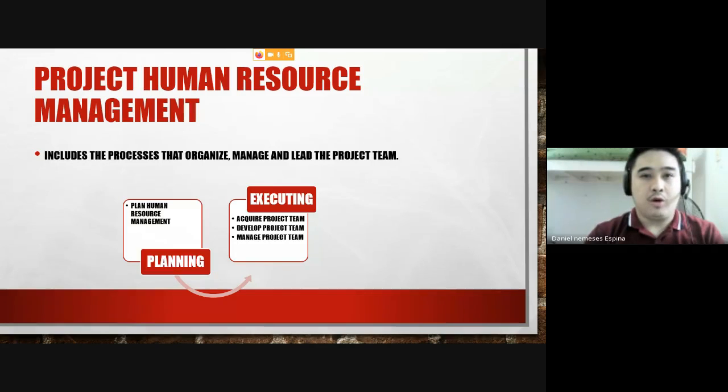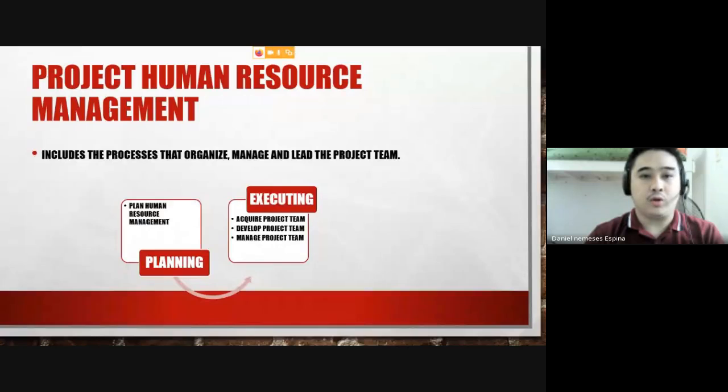So among all the five management process groups, project human resource management only involves two processes. That's the planning and then executing. In planning, we plan the human resource management. So which members ang dapat nga naa sa atong team so that we can do the deliverable.